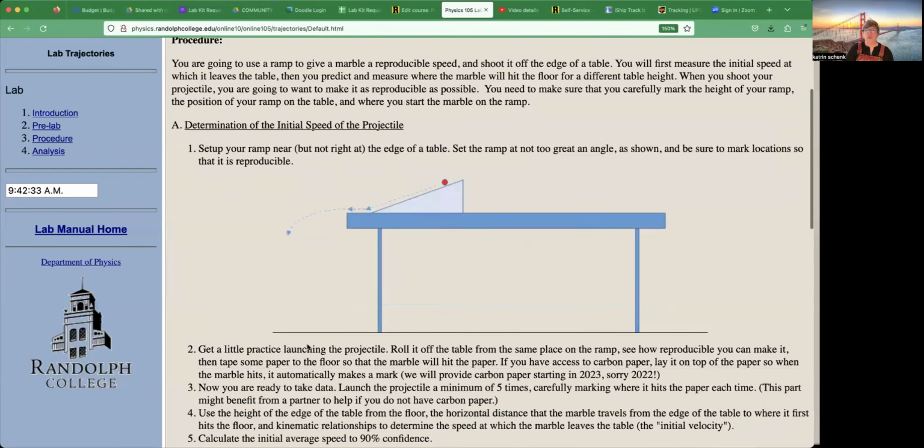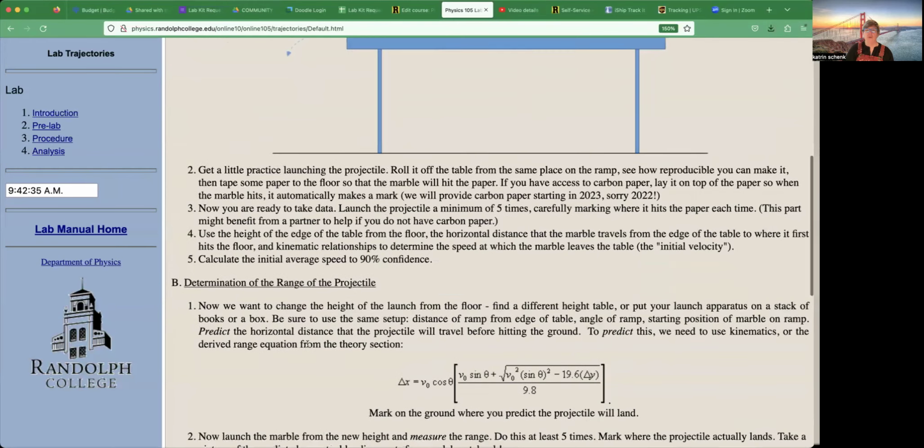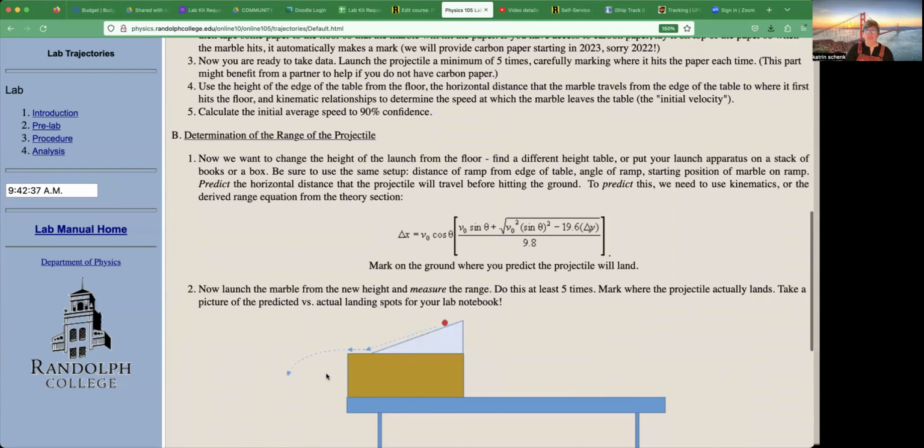All right, once you do that, you're going to change it up a little. You're going to make the ramp a little higher. And then you're going to try to predict what the range is going to be. You want to set this up exactly the same. You want the same amount of distance here, except now you've raised the entire ramp. Again, you're going to let your ball go from the same place.